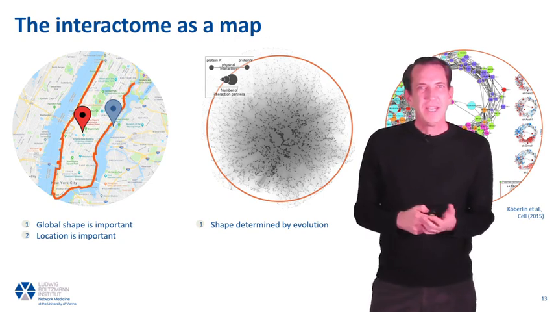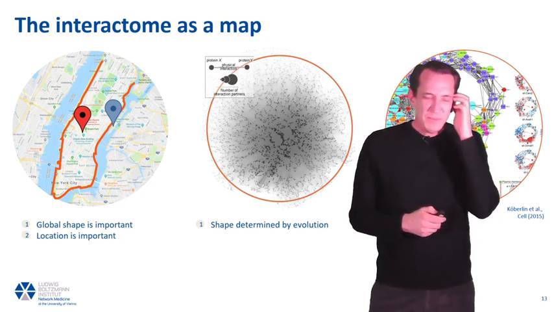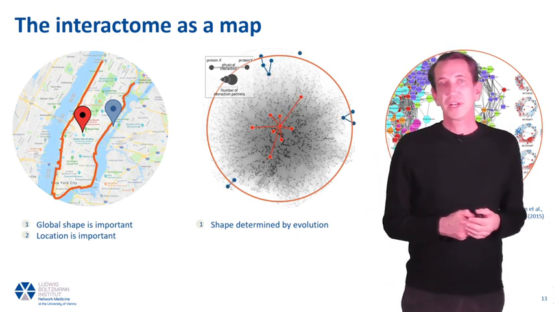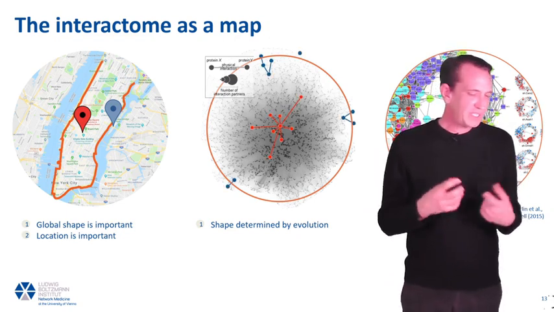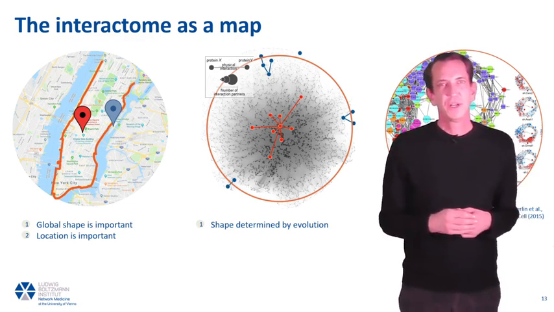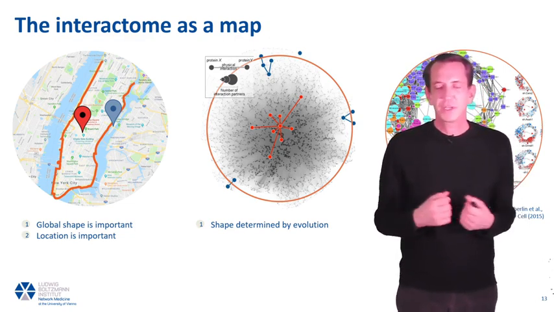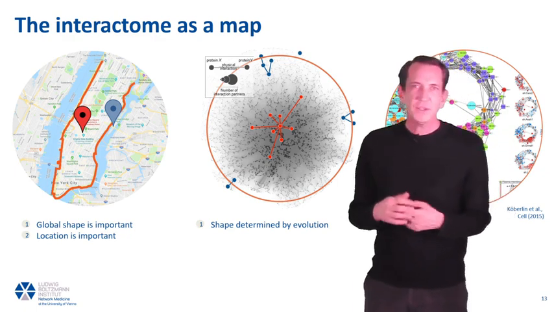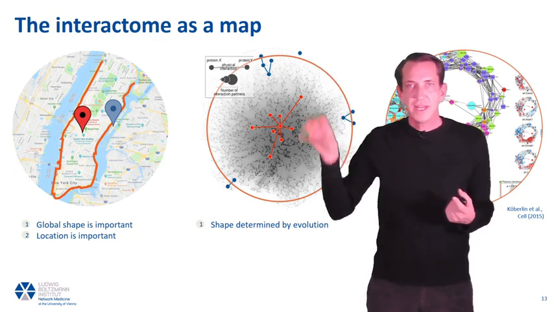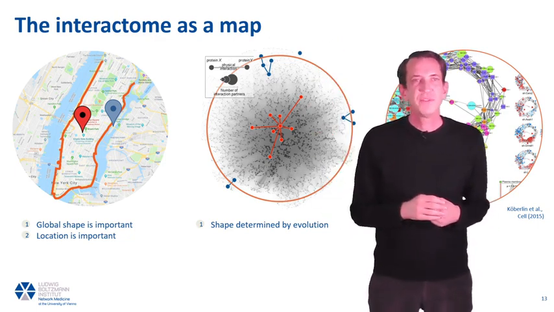And the same can also be defined in protein-protein interaction networks. So we can define very simply the centrality or the location of a particular protein through the number of interaction partners. One that is very highly connected, we would say is central, and those that are less connected are at the periphery of these networks.